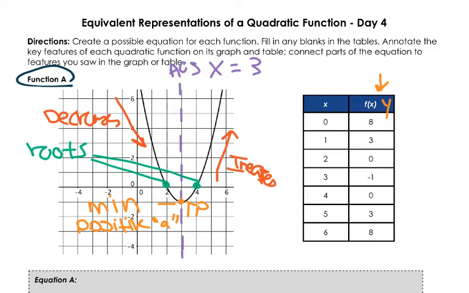And if you spot it right here, right, that's actually our turning point. And if you take it a little bit further, our 3, when x is 3, that's actually our axis of symmetry. And -1 is actually our minimum value.